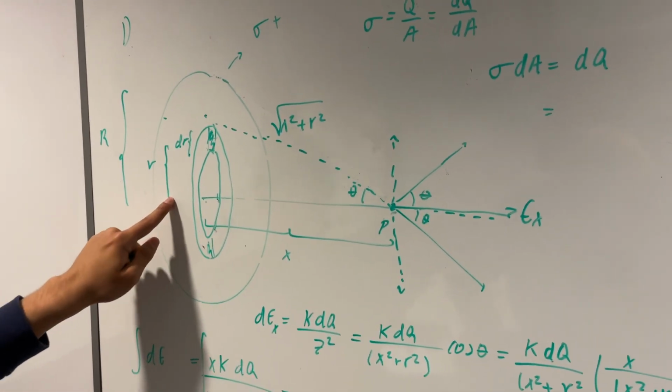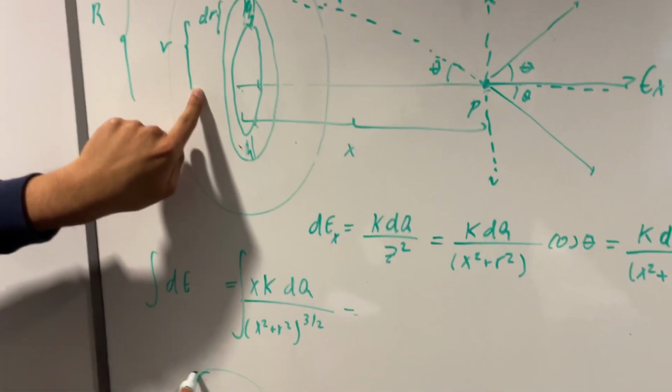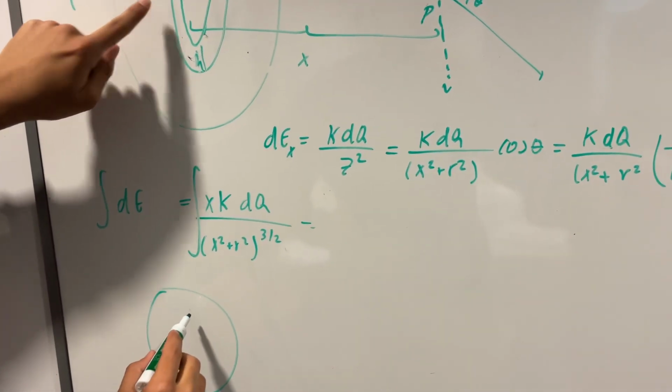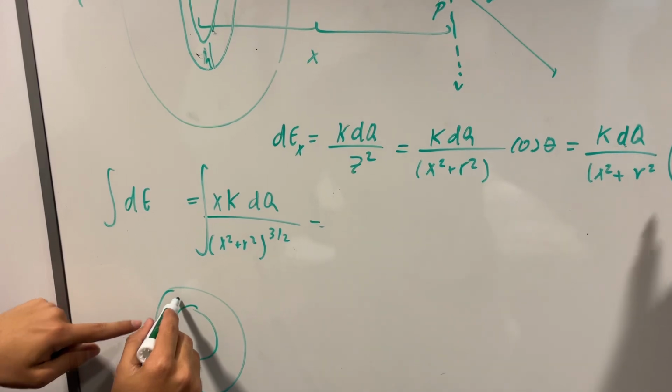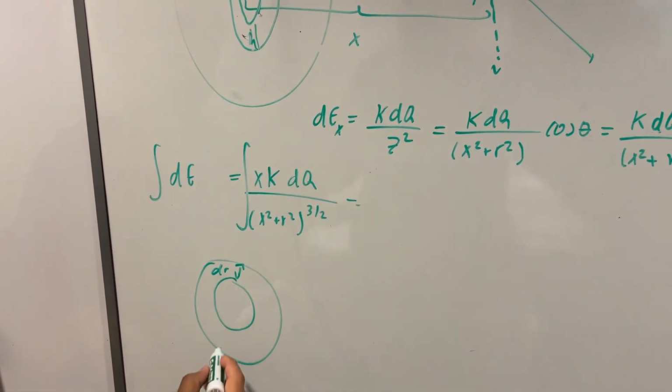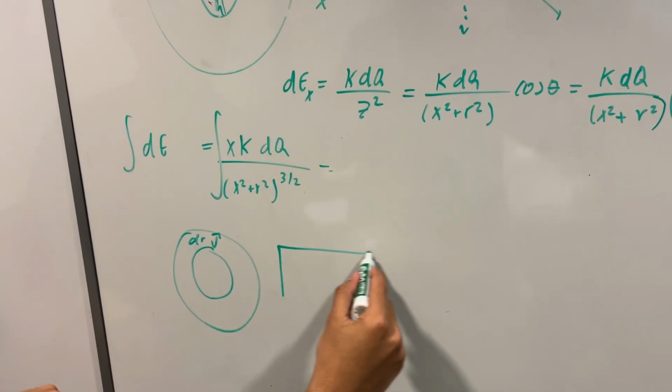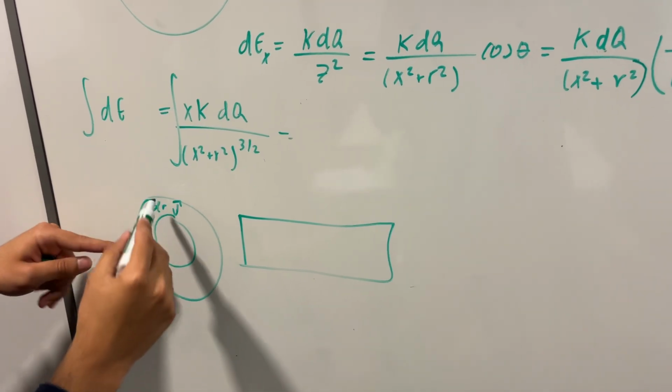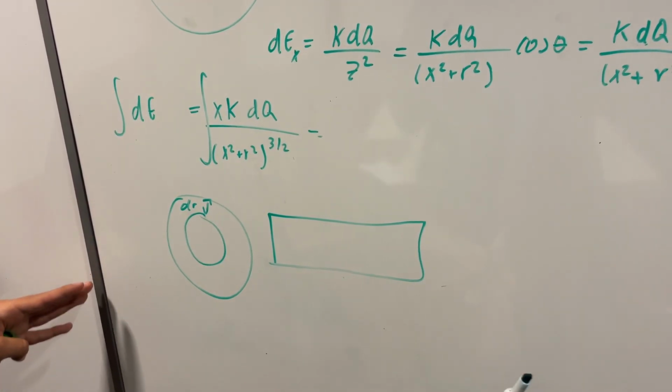If we look at this ring right here, we know that this ring has some area. So this is dr. And if we cut it and extend it like this, you're gonna have something right here.